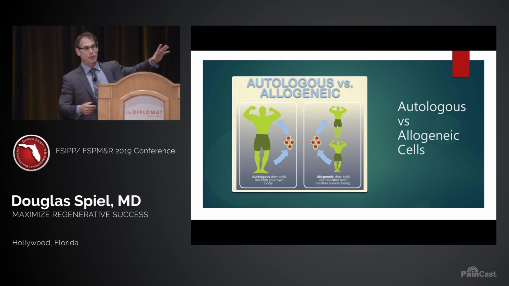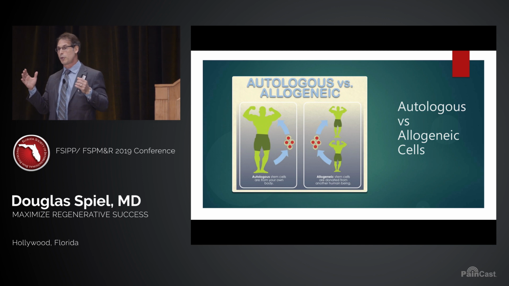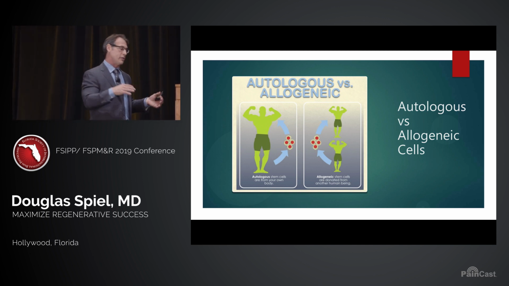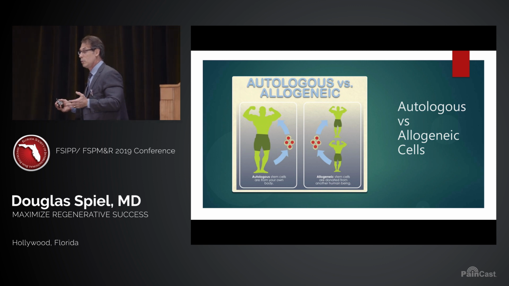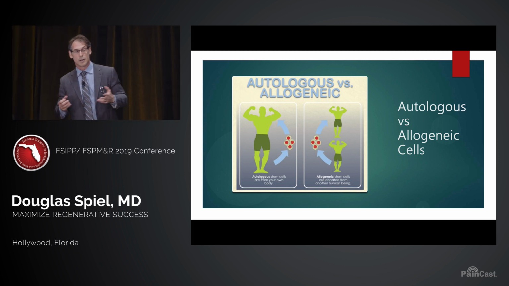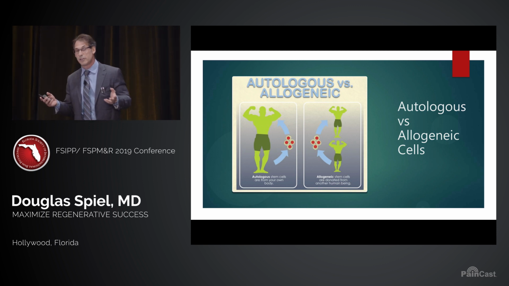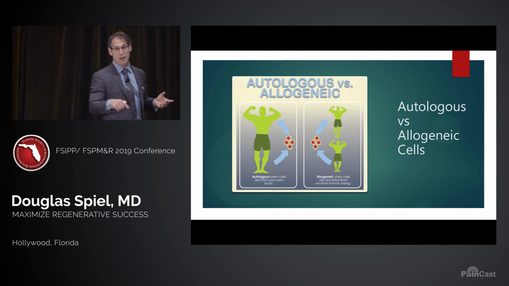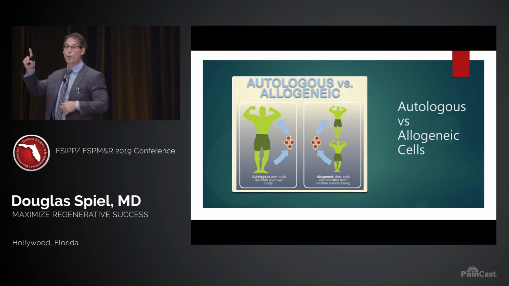There are benefits, and there are proponents, obviously, to both autologous cells and allogeneic cells. Autologous cells are from you, for you. We talk about bone marrow. Mesenchymal stem cells in your bone marrow: 1 out of every 10,000 cells when you're born is an MSC, and when you're about 80, it's about 1 in a million, roughly 1%.